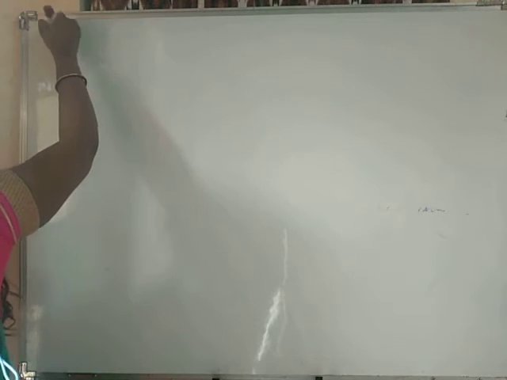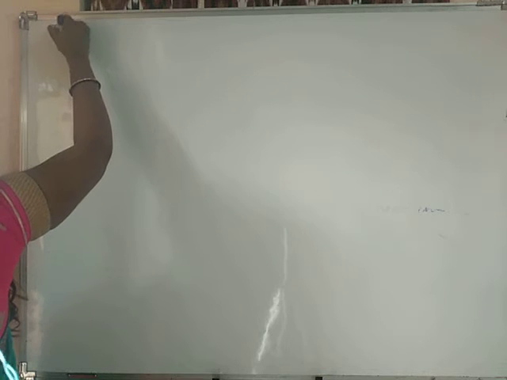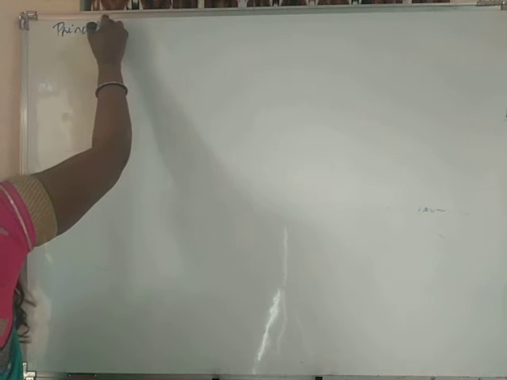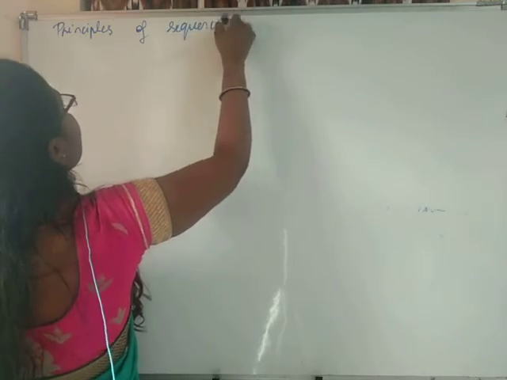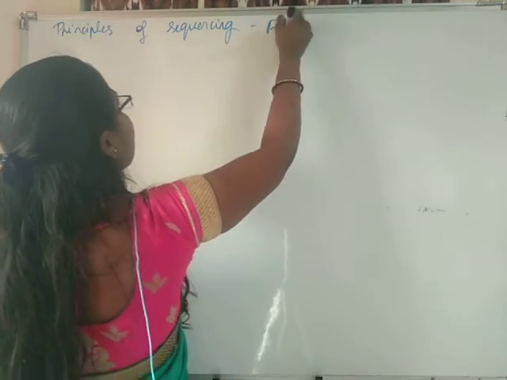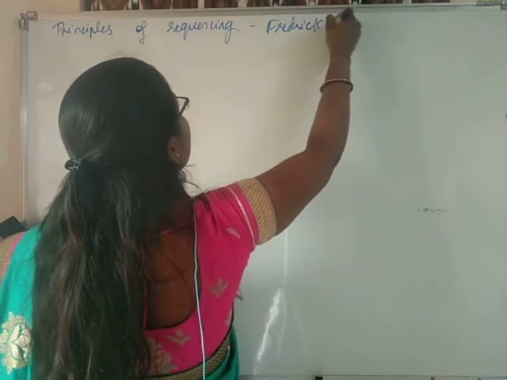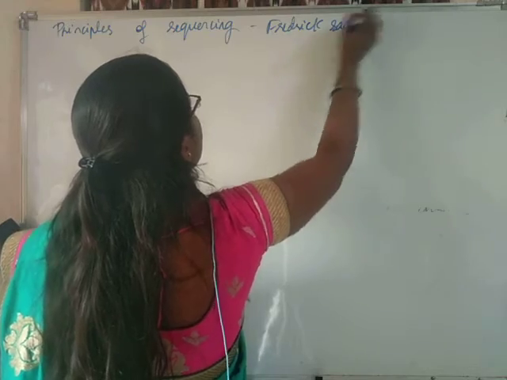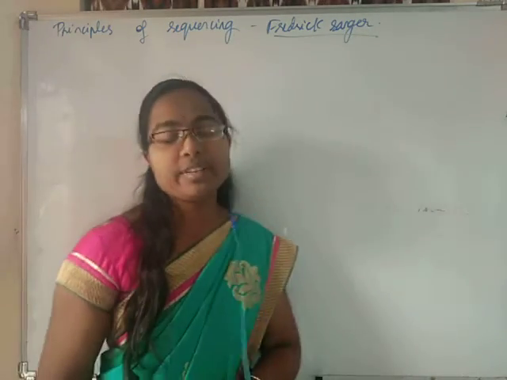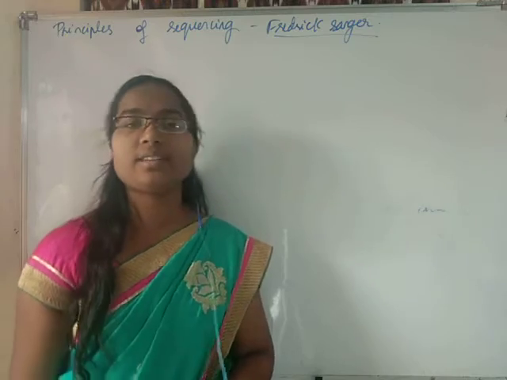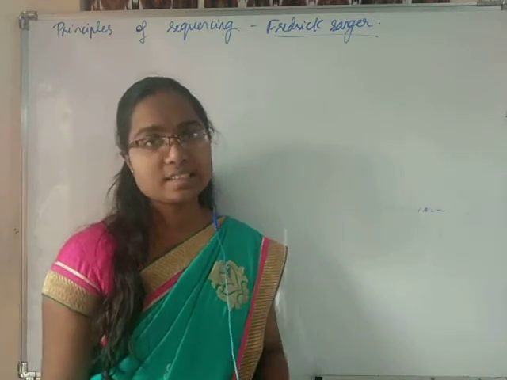So students, based on the principles of sequencing developed by Frederick Sanger, he is the person who developed the principles for sequencing the amino acids of the proteins during translation.